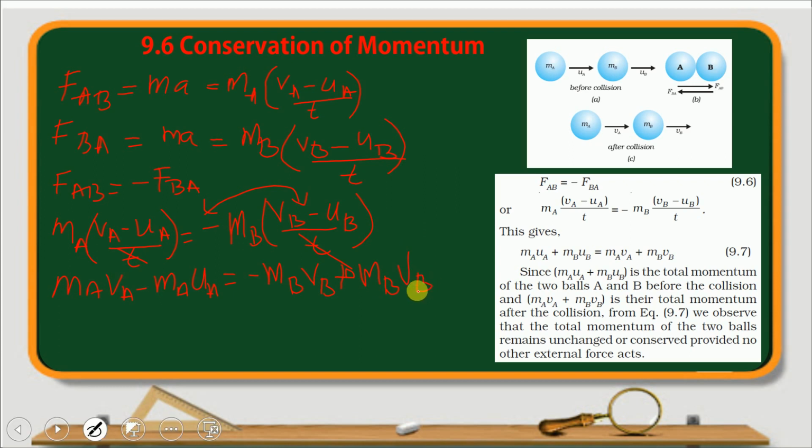Sure, all of you? Now this minus we are going to take to this side, and this we are going to take to that side, so that it is MAVA plus MBVB is equal to MBVB plus MA, sorry, here it is a U. Here it is UB.